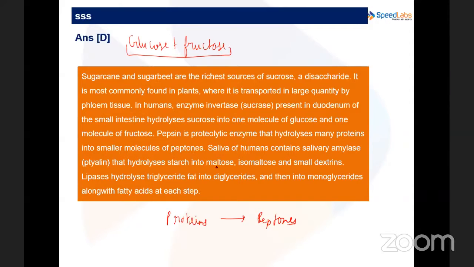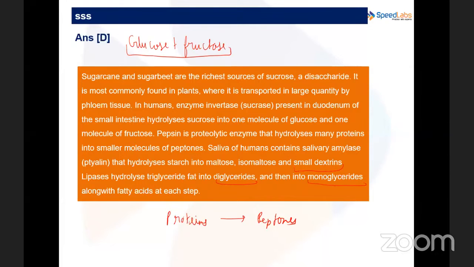It hydrolyzes starch into maltose, isomaltose, and small dextrins, which are branched. What is the function of lipase? It hydrolyzes triglyceride fat into diglyceride and then into monoglyceride along with fatty acids.